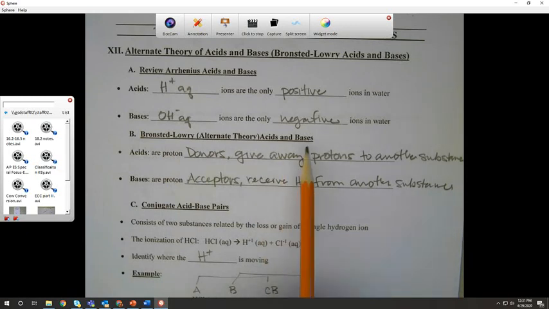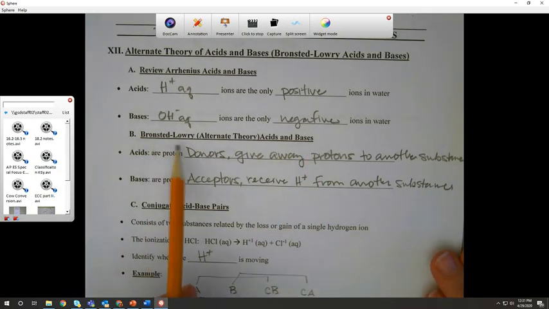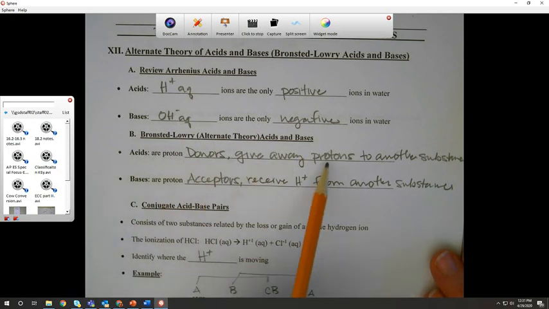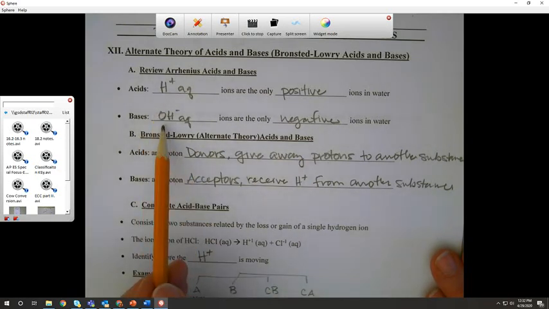And they make negative. But in Bronsted-Lowry, this is an alternative theory. Acids are proton donors, and they give away protons. Bases are proton acceptors. So really the only change from here to here is the fact that we're not talking about hydroxide.